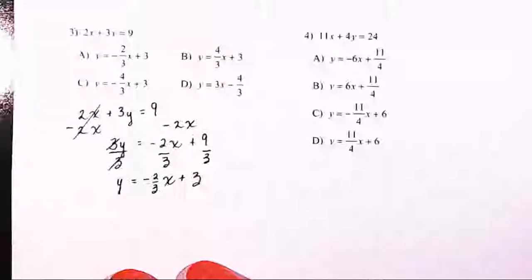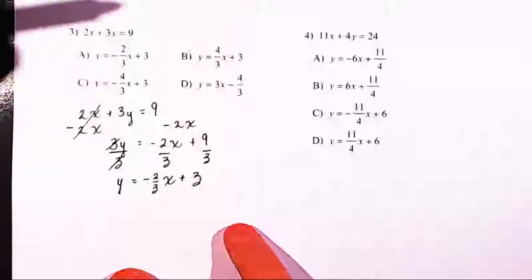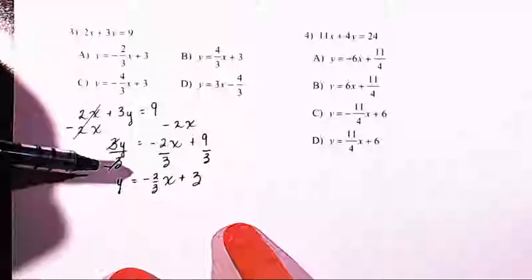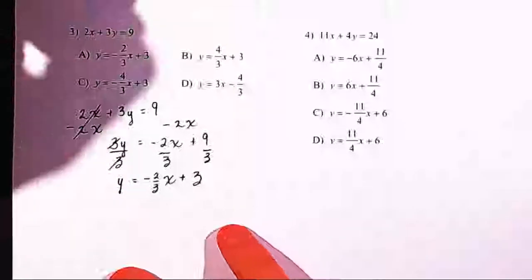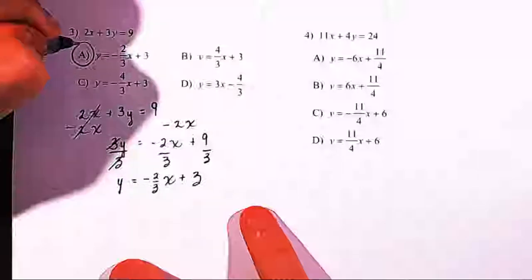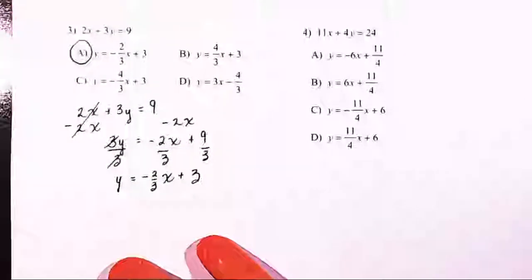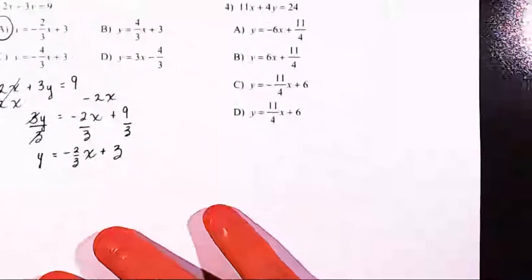Okay, so we have a slope of -2/3 and a y-intercept of positive 3. So y equals -2/3 x plus 3. That's answer choice A. Okay, so we'll move on to number 4.